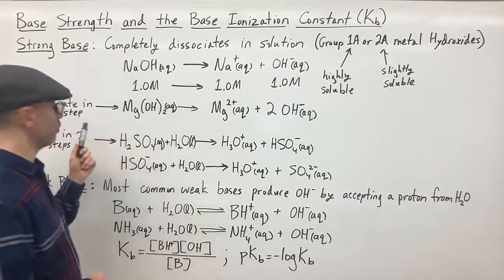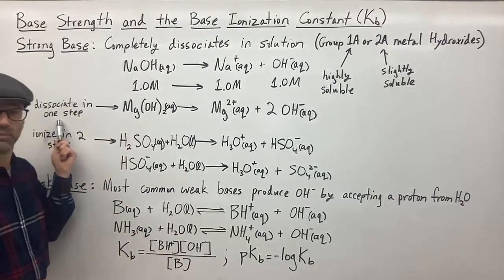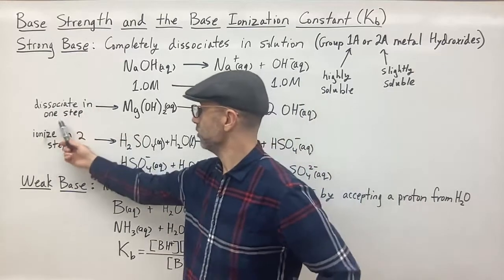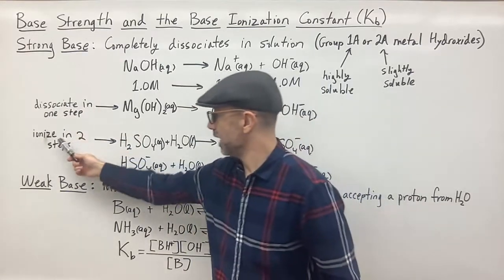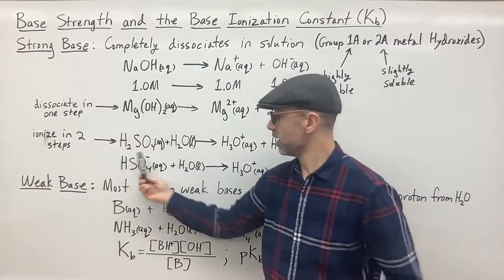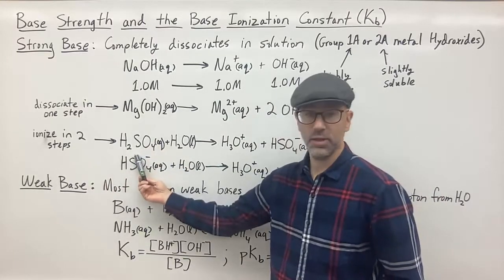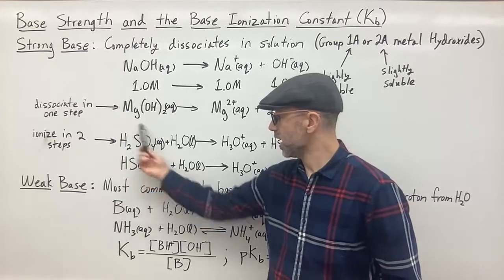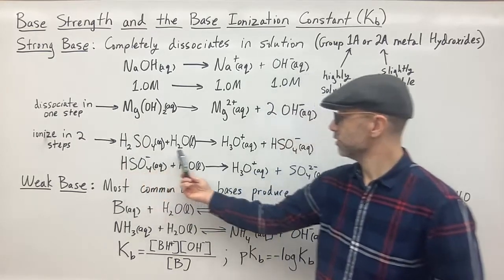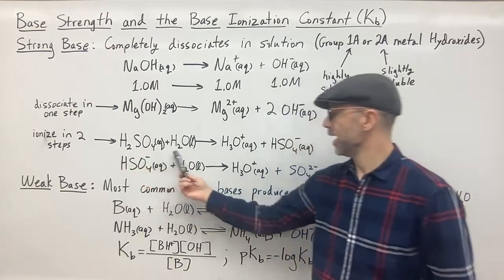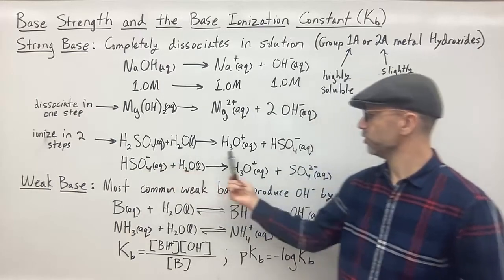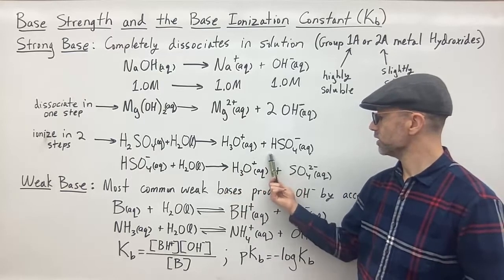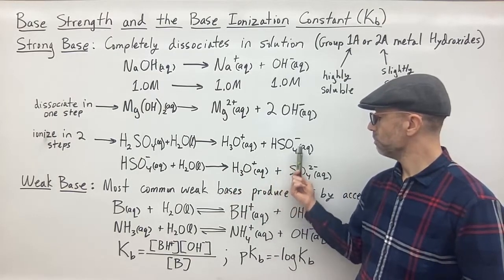And the other thing to note, compared to your strong acids: when you had your acids, they would ionize in 2 steps. Here we have sulfuric acid. One proton will come off first and be transferred to water. You get the hydronium ion plus what's left over, HSO4 minus.